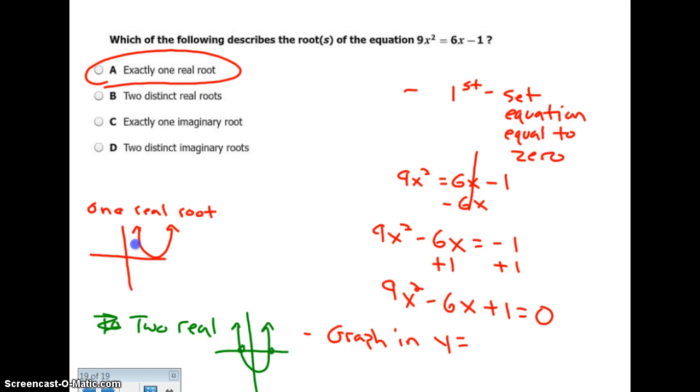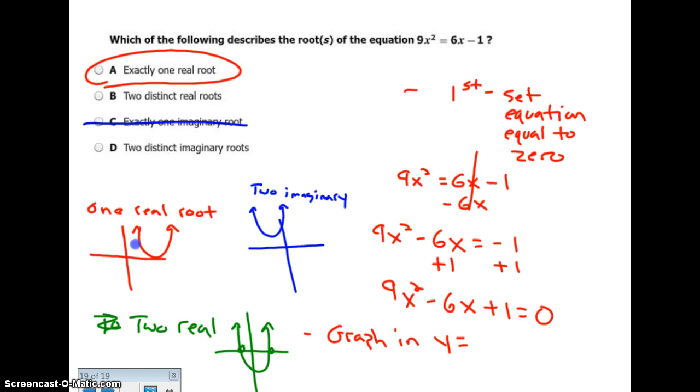And then, last but not least, 2 imaginary, and there's no such thing as just 1 imaginary, so 2 imaginary would be a case where it doesn't hit the x-axis. If it looks something like that, where it doesn't hit the x-axis, that means you have 2 imaginary.